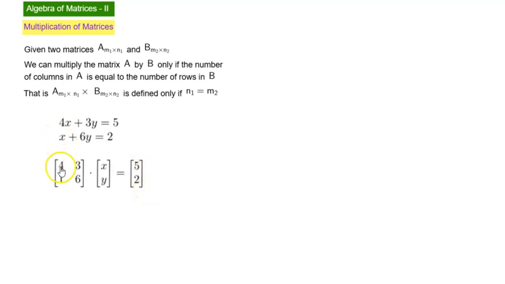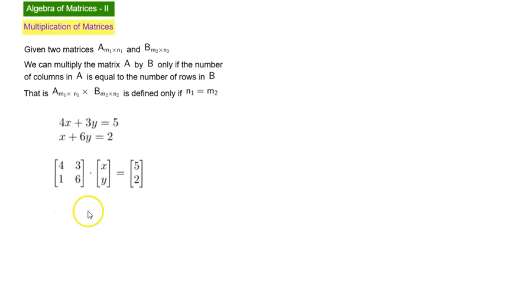So 4x plus 3y is equal to 5. 1 times x plus 6 times y is equal to 2. So that is how we had described this system of linear equations in matrix form.